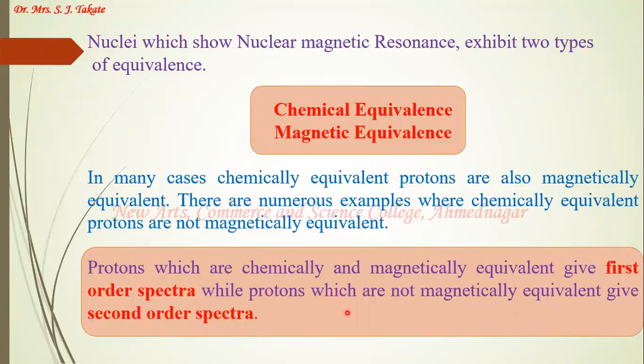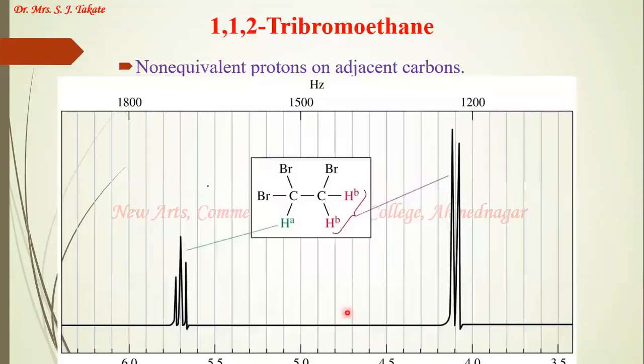While protons which are not magnetically equivalent give second order spectra. So one should know whether the protons are chemically equivalent, magnetically equivalent, or not equivalent. Let us take the example of 1,1,2-tribromoethane.